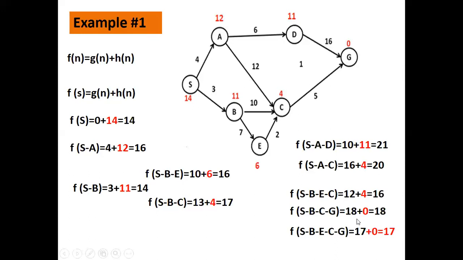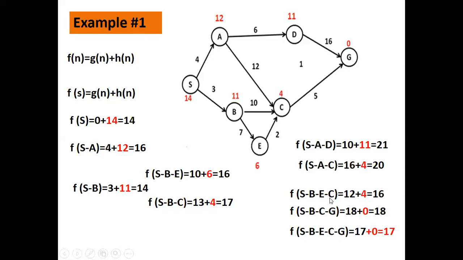So the actual cost is 18. And once you reach the goal state, the estimated cost of the goal state is 0. So you write here 0, and the total cost of reaching the goal state is 18. I'm sure you all are getting it. We moved from S to B, B to C and C to G. S, B, C, G, and the total cost of reaching from the start state to the goal state is 18.